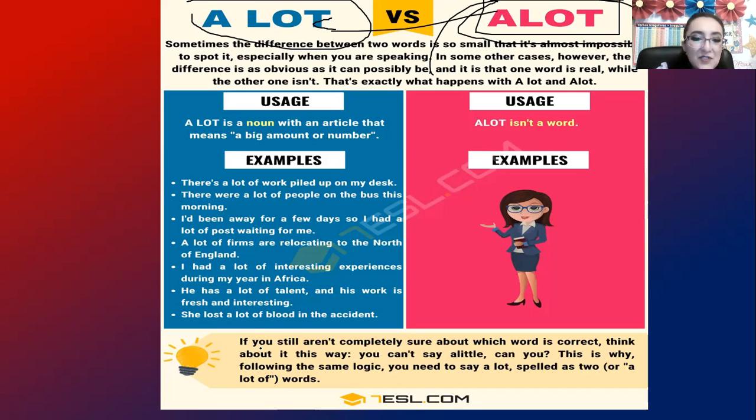Now, if you still aren't completely sure about which word is correct, think about it in this way. You can say "a little". No podemos decir "alittle". Following the same idea, you need to say "a lot", spelled as two words, or "lots of".